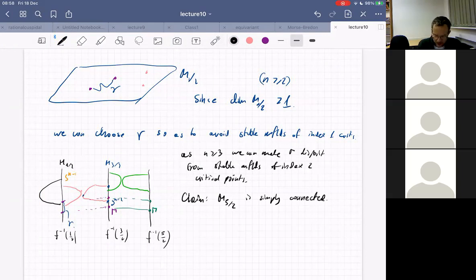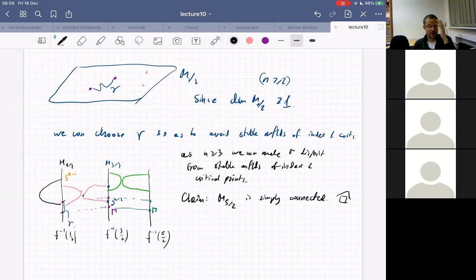I will leave it as homework; it's basically what we did. If it is not simply connected, then higher critical points will not kill any loop that has appeared.